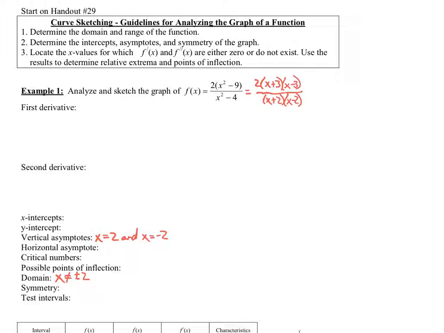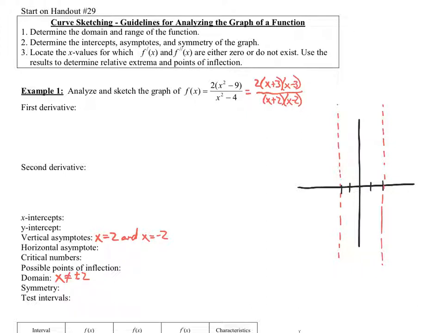Alright, so I'm going to actually start sketching as I go, because that'll help me get a sense for what's happening as I'm going along. So here's x equals 2, there's an asymptote, and here's x equals negative 2, another asymptote. Okay?